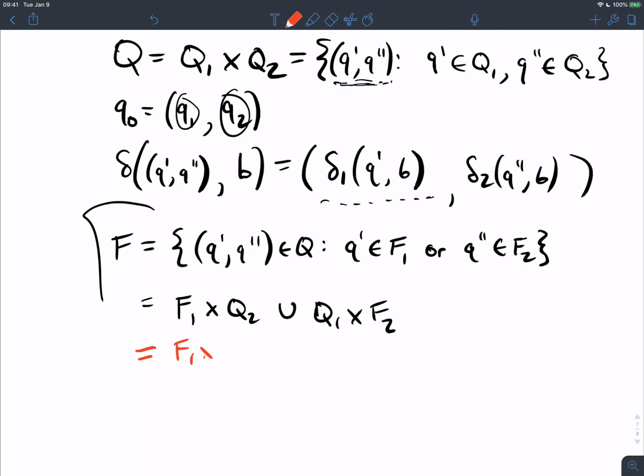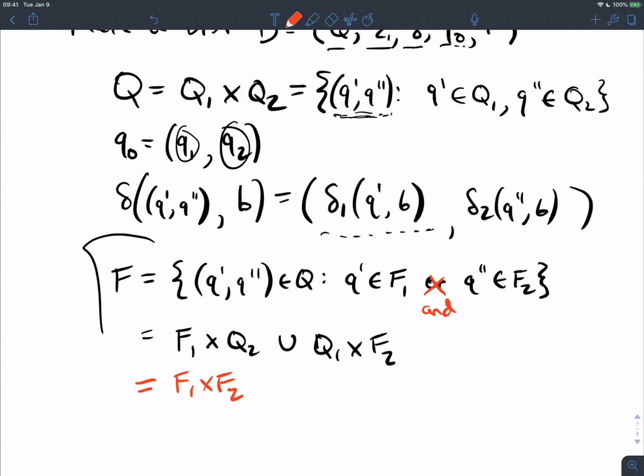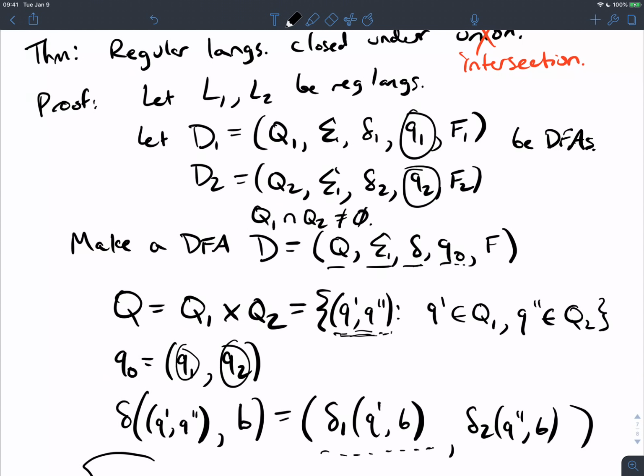That's a formal way of writing it. That's correct. But for the English description, what would I have to change to make it intersection? And, yes. So in fact, we can get quite powerful results here. Anyone know what symmetric difference is?